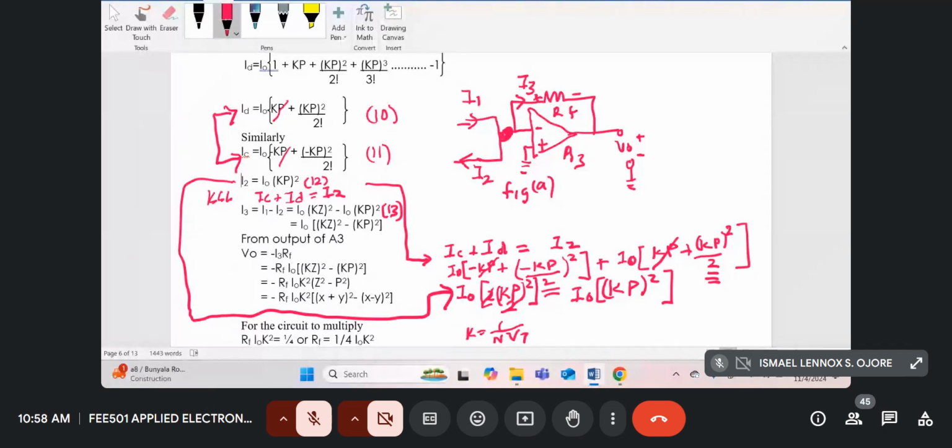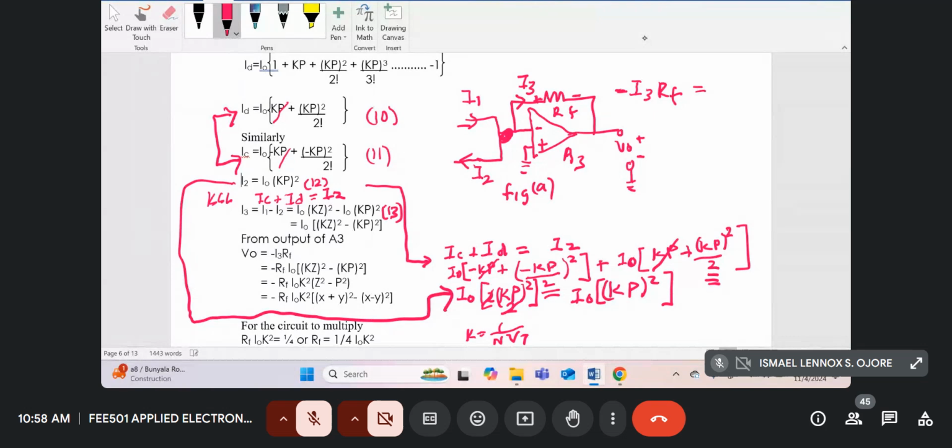And we can write that the drop across RF is I3 into RF. Minus of it is equal to V0.